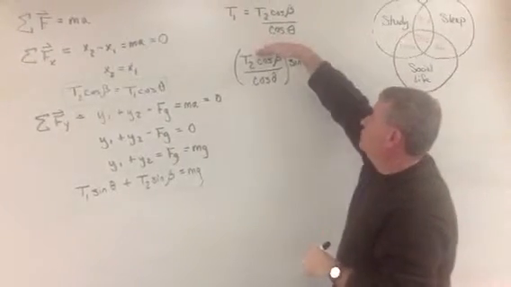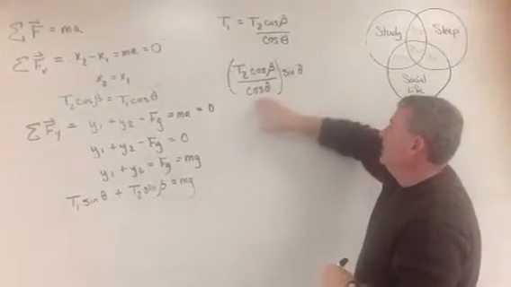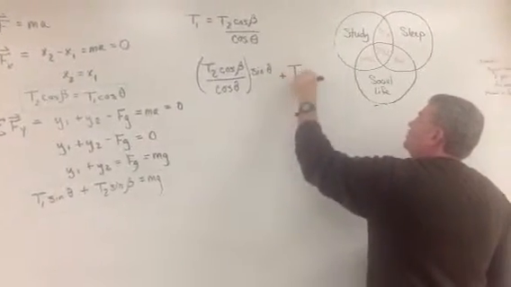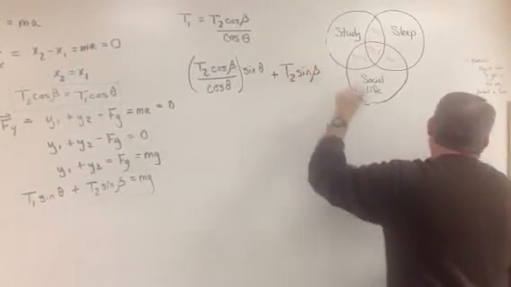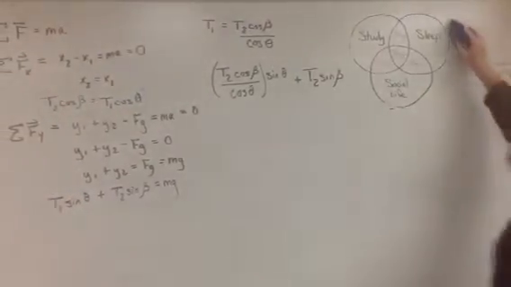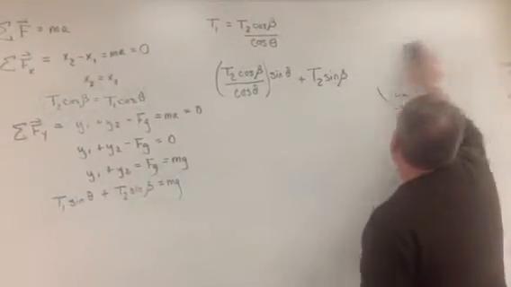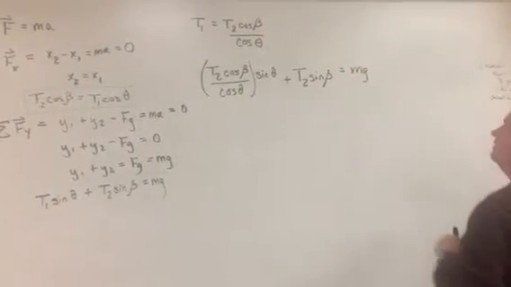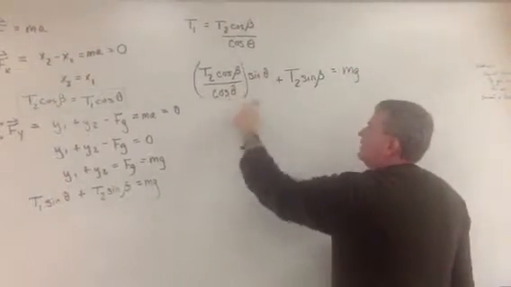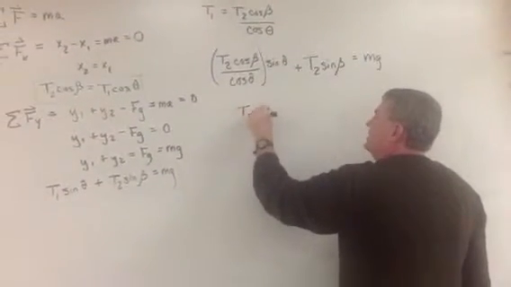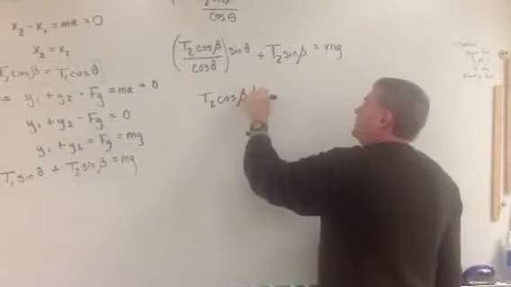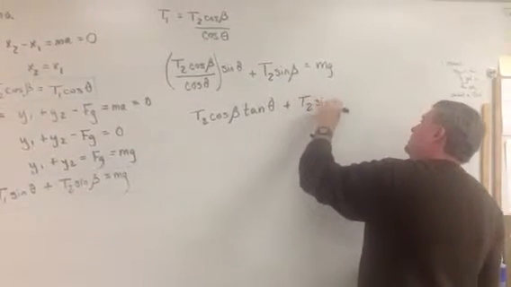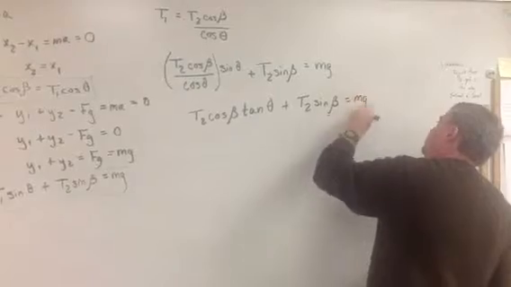So this is the numerator, that's the denominator, plus T2 sine beta, equals mg. Sine over cosine is tangent. So this becomes T2 cosine beta tangent theta plus T2 sine beta is equal to mg.